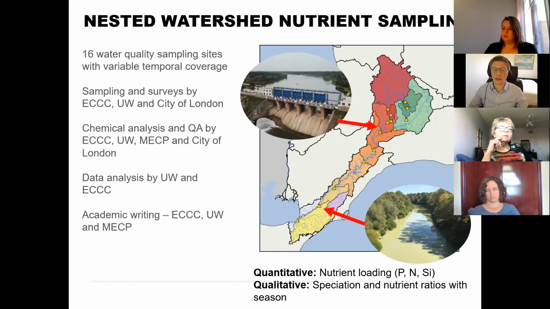And what we found, for instance, is that the Ministry of Environment and Conservation Parks and the City of London had a lot of capacity to analyze samples. They have labs running, doing these kind of parameters all the time. But what they lacked is the people and the time to actually do something with that. And that's, of course, something that academics and research scientists can do reasonably well.